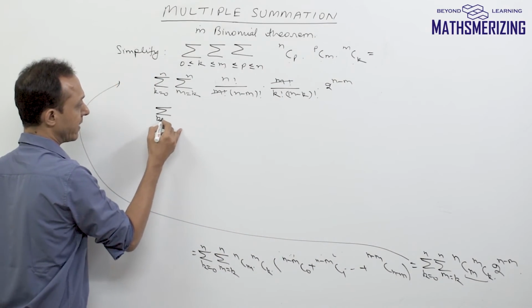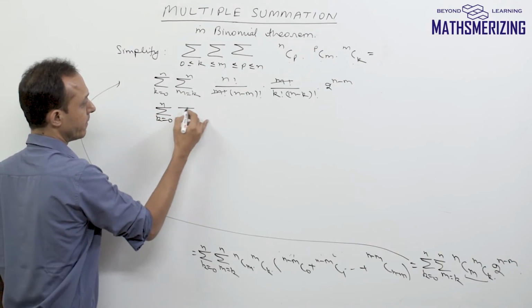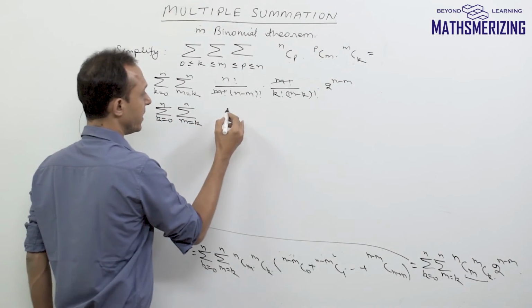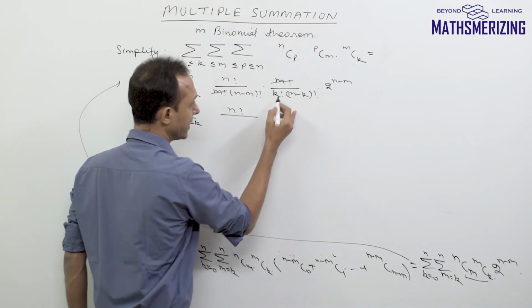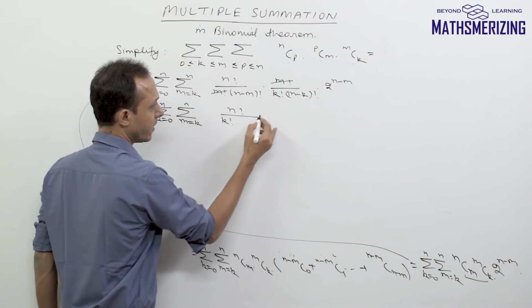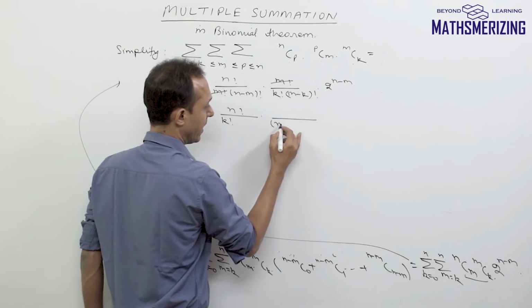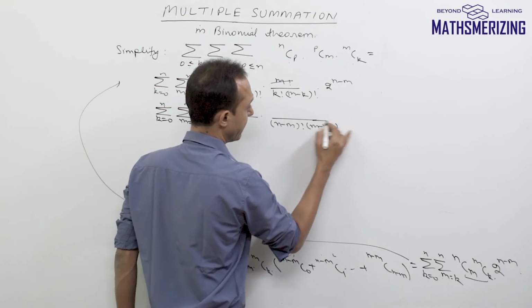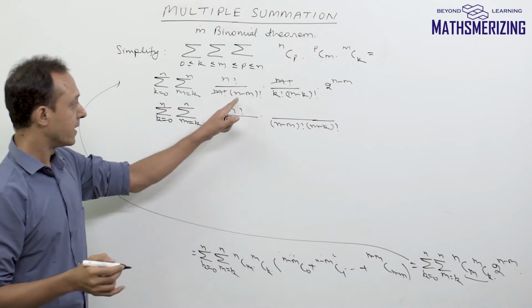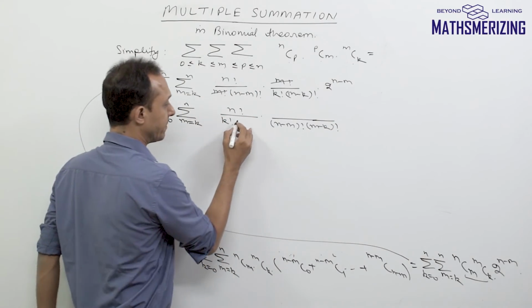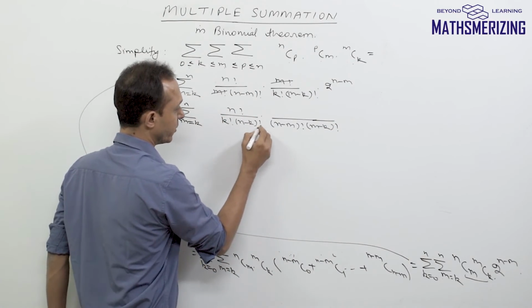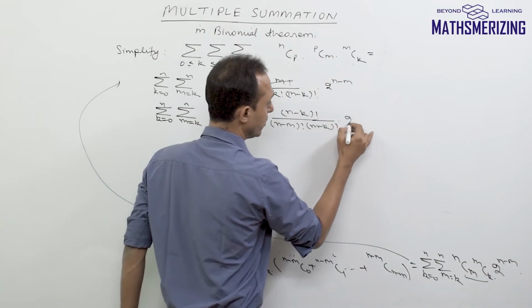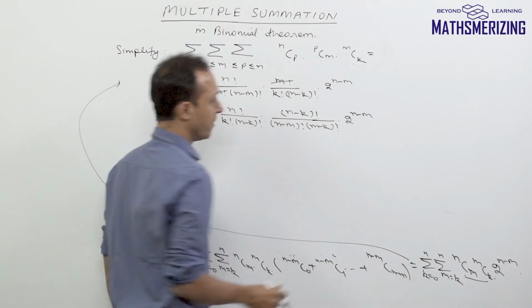So k varies from 0 to n, m varies from k to n. So here I'll get factorial n. I'll take this factorial k here, and then I'll write n minus m factorial, m minus k factorial. Now here I want to make it as nCk. So I'll multiply and divide it with n minus k factorial, and then into 2 to the power n minus m.